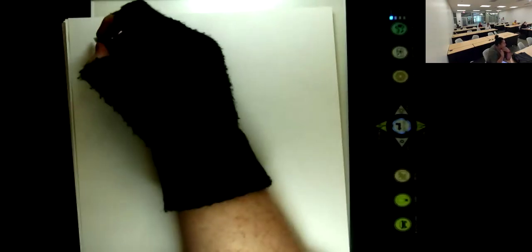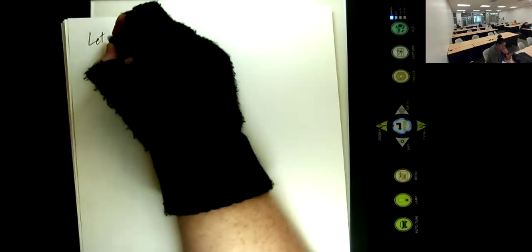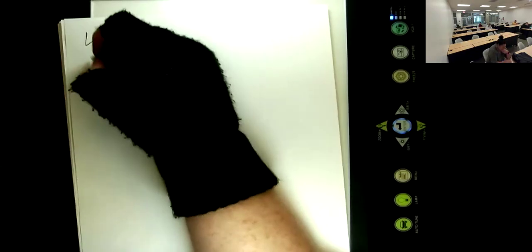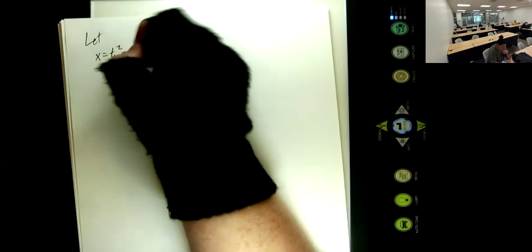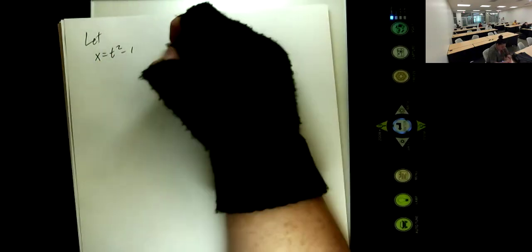Alright, that gave everybody plenty of time to write this down. So let's get back to some math, let's look at an example. We're gonna let x equal t squared minus 1, and we're gonna let y equal t minus 2.